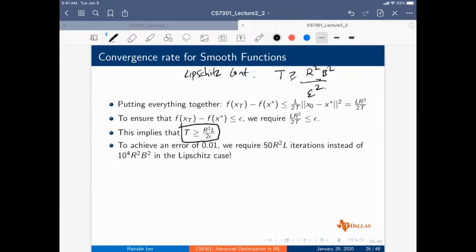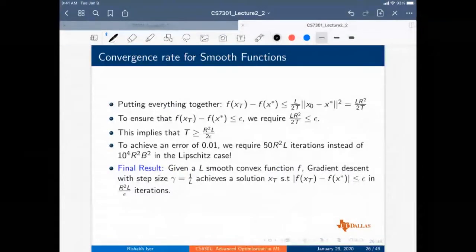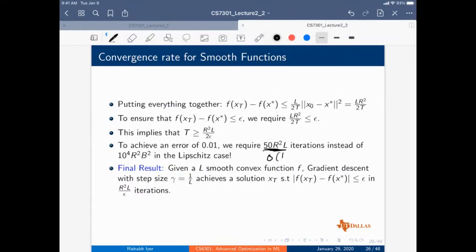Now, because of Lipschitz smoothness and L, we are actually getting a convergence which is 1 over epsilon. To understand this a little better, to achieve an error of 0.01, we require 50 r square L iterations instead of 10 raised to 4 r square b square. So this is called order 1 over epsilon convergence.